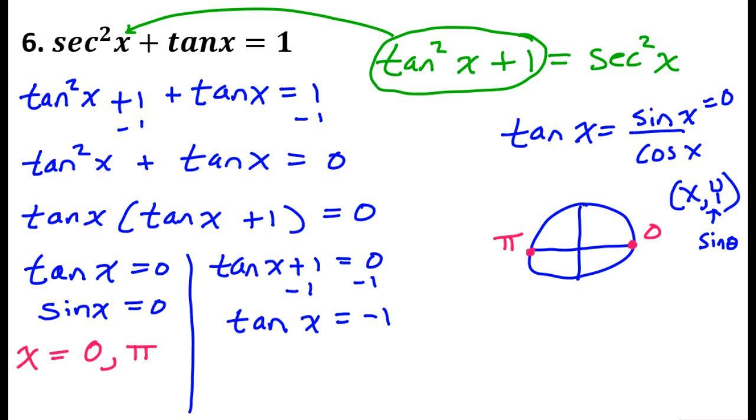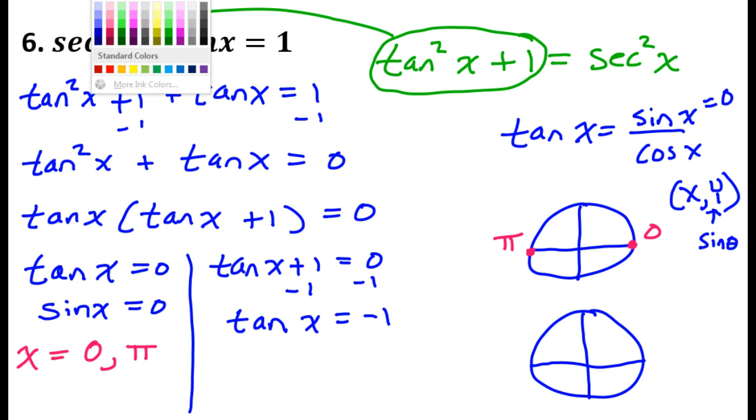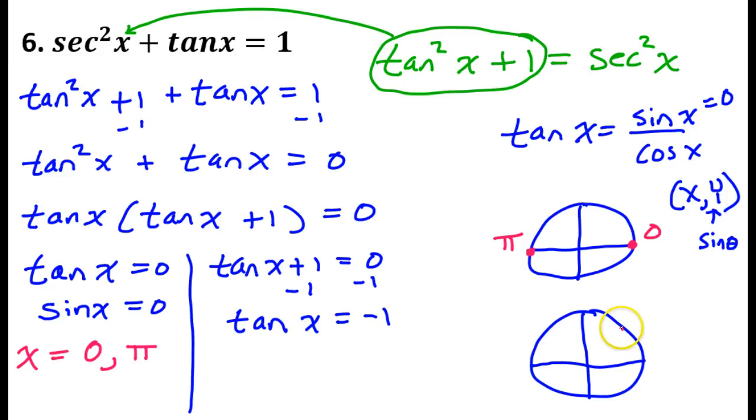Okay, let's investigate that a little bit. I'll just draw a new unit circle. Okay, so consider this. Here is pi over 4. This little angle right here, this is pi over 4. Right here, the tangent is 1.